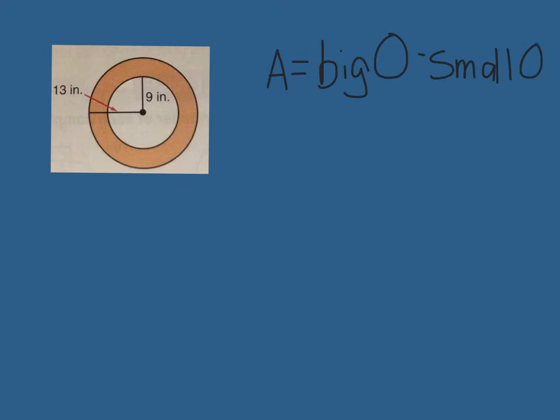So first let's find the area of the big circle. So we would know that we would need to multiply 3.14 times the radius of this one, which is 13 inches because it's all the way across there, squared.